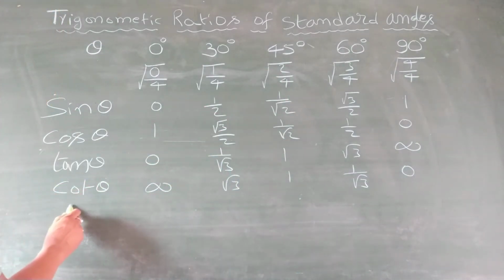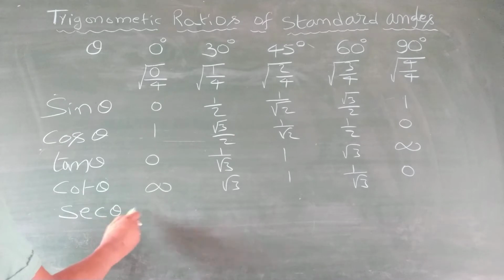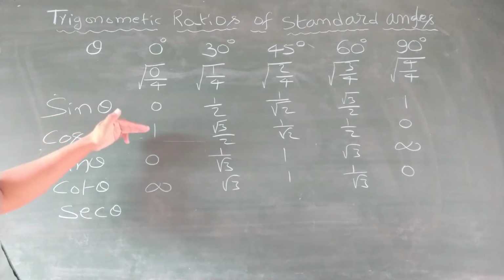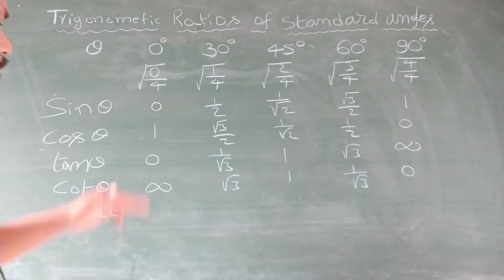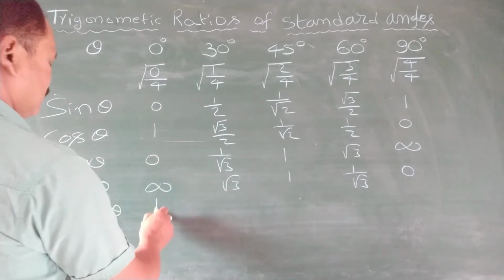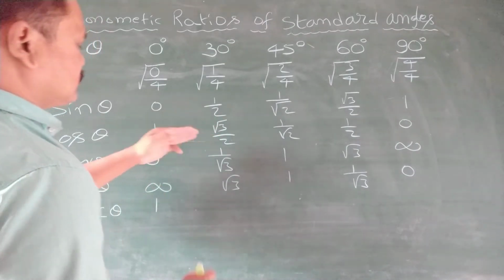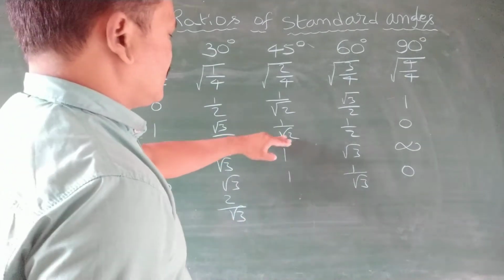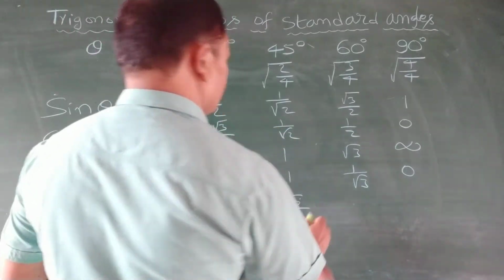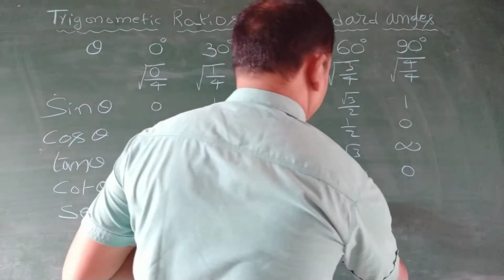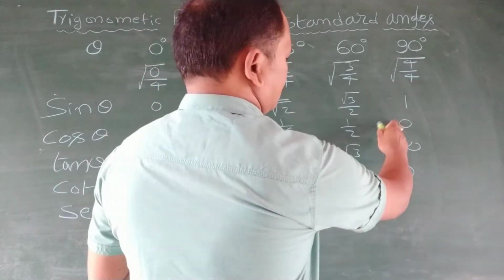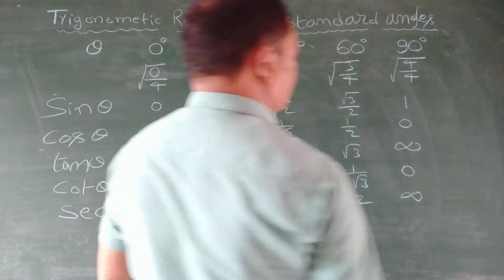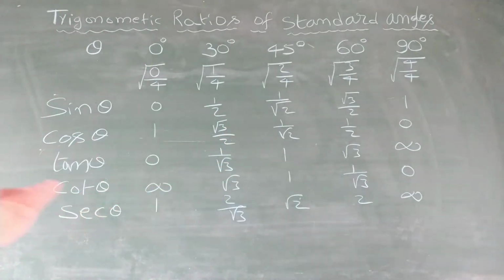Now secant. Secant is the reciprocal of cos. That is 1 by 1, which is 1, and 2 by root 3. This is the reciprocal of that one, 2 by root 3. Then the reciprocal of this one is root 2. Then the reciprocal of this one is 2. Then 1 by 0 is undefined. That's why secant 90 is undefined.